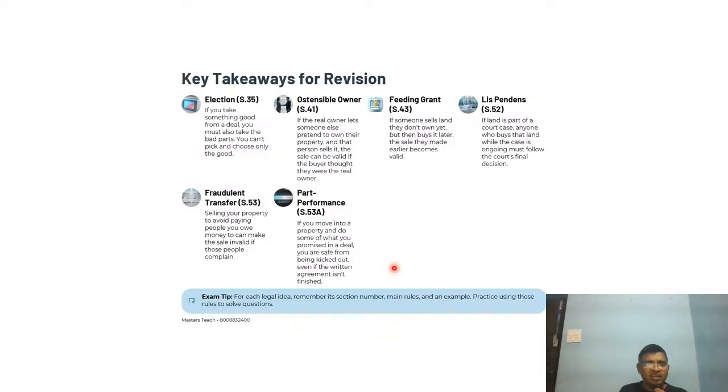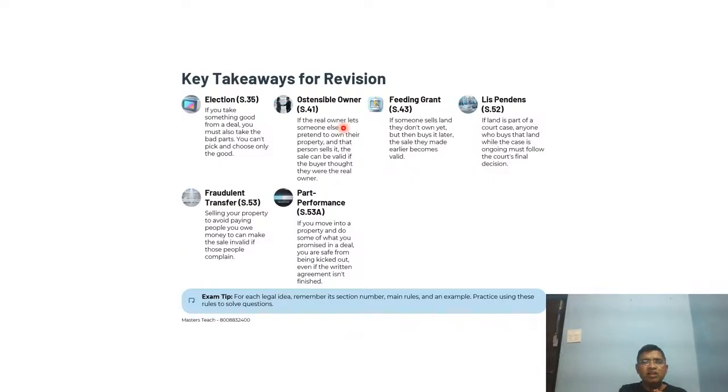So the key takeaways for this topic. Election, that is Section 35: if you take something good from the deal, you must also take the bad part of it. You cannot pick and choose only the good.